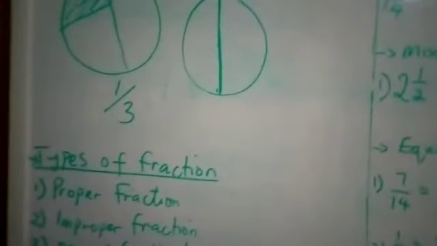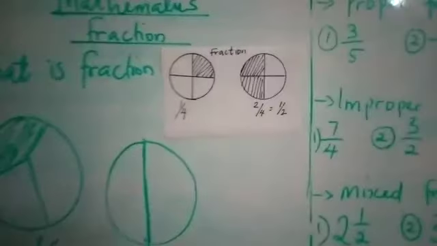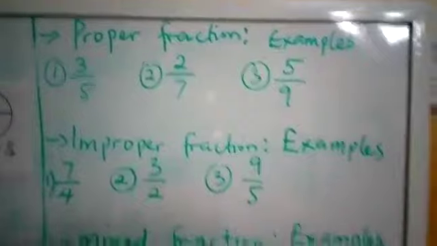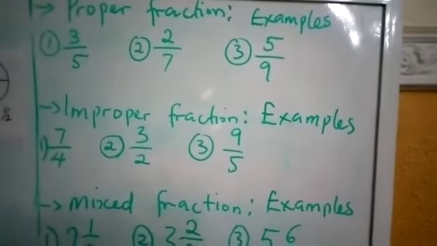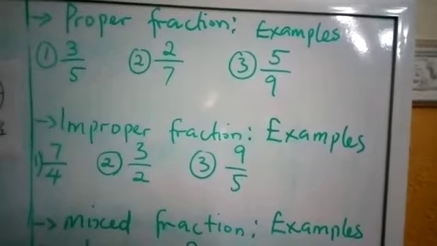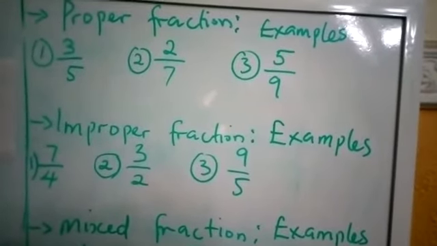Proper fraction, from the word proper, it is normal. In this type of fraction, we see the denominator carrying the numerator. The denominator is always bigger than the numerator. So it is proper.